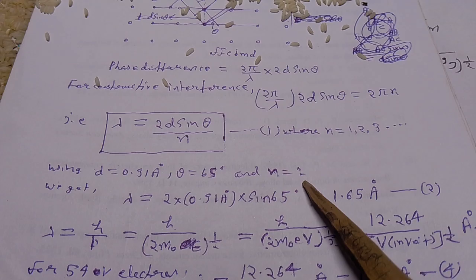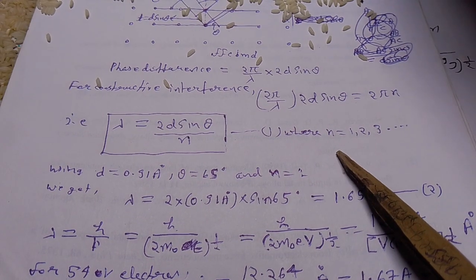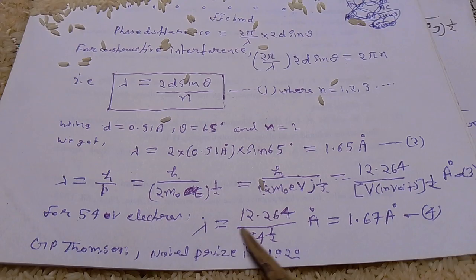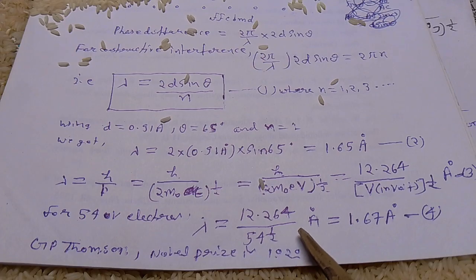So for a 54 volt electron, the value of lambda is given by lambda equals 12.264 divided by 54 to the power 1 by 2 angstrom, which comes out to be 1.67 angstrom.